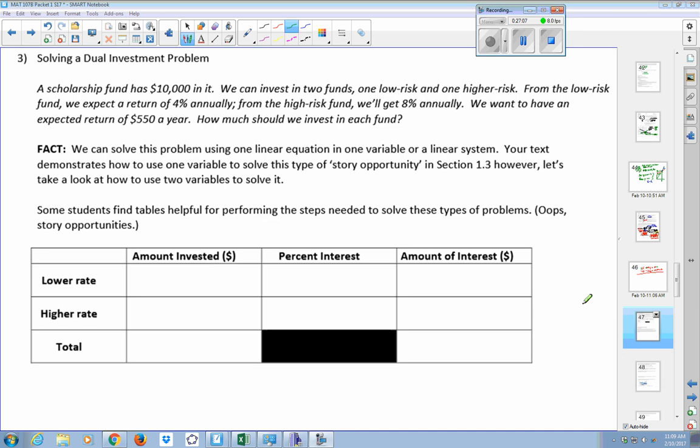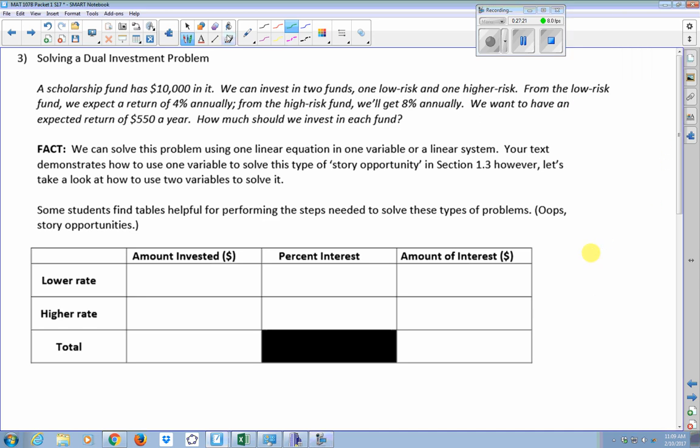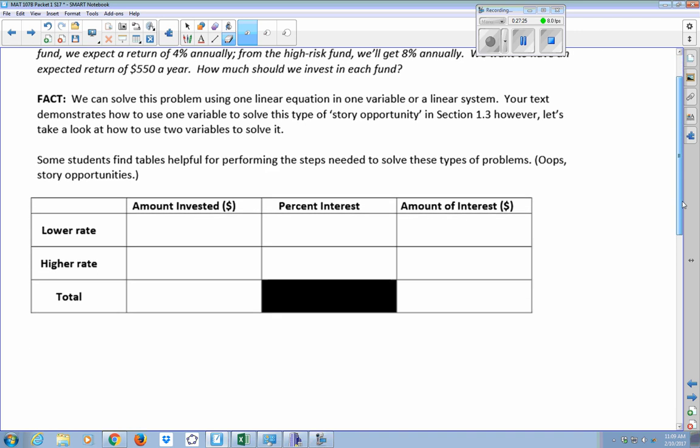Boom! Your first 2 variables and their description is given to you right there. Now, I'm going to do this table in a minute. But for those of you who don't do the table and you want full credit for your word applications on tests and quizzes, you have to define for me and whoever's reading your work what your variable expressions represent.